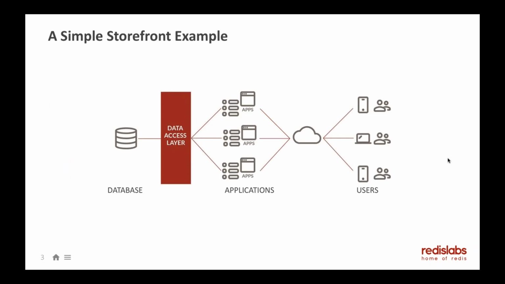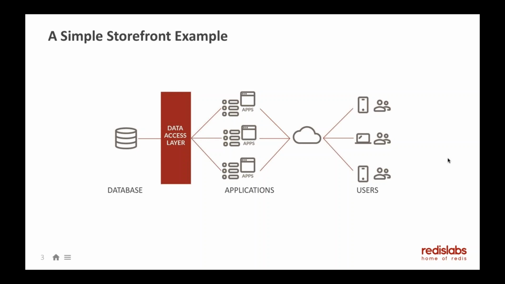To set the stage again, this is a sample architecture that we will refer to throughout the discussion today. What you see here is a solution. A solution may have a bunch of applications, and all these applications are connected to a backend database. For the sake of our example, we'll consider the backend database to be MySQL.